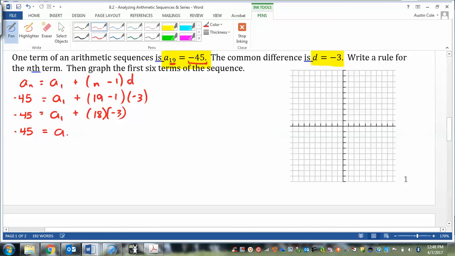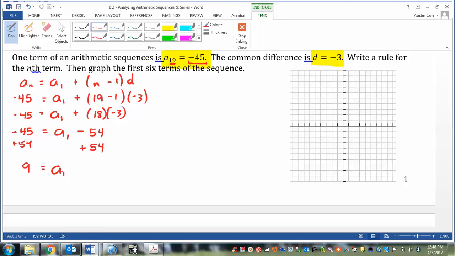So a sub 1 minus 54. And then to solve for a sub 1, I'm going to add 54 on both sides. And we get 9 equals a sub 1. So by given some information of this sequence, we're able to find the first term in the sequence.